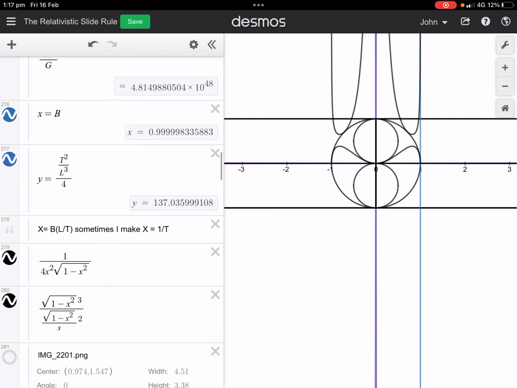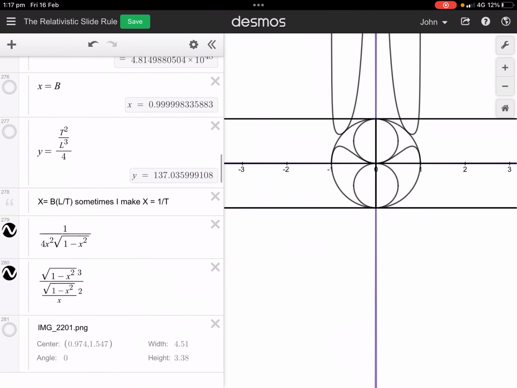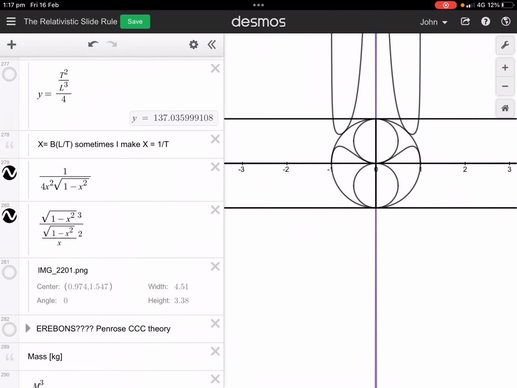Now get rid of that and that, and in this case here I've made X B, which is L over T, so it's sort of like squished. This is the graph of mass, by the way.